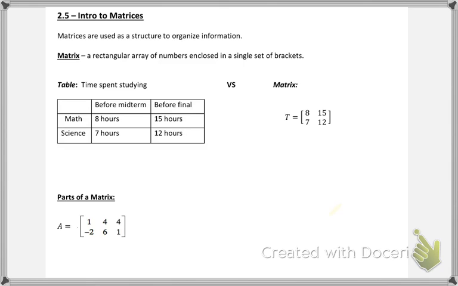A matrix is usually represented as a rectangular array of numbers enclosed in a single set of brackets, and it looks something like this.